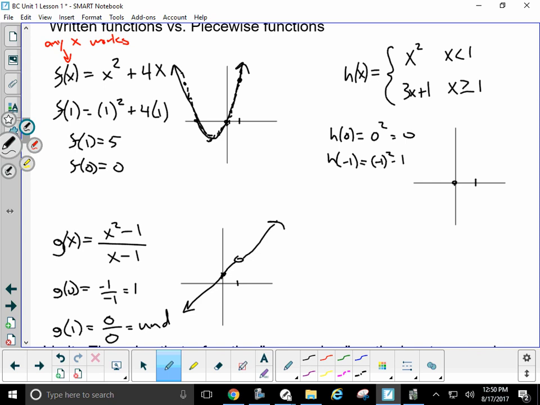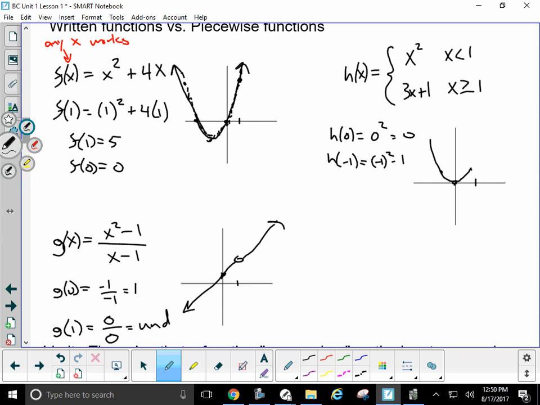But all other values approaching 1, getting close to 1, so like 0.5, 0.6, 0.7, 0.8, 0.9, 0.999, I could plug in and square it, and I would get function values out of it. So we would end up with these values that are getting really, really close to 1, but I would not have a closed circle using x squared at (1, 1).